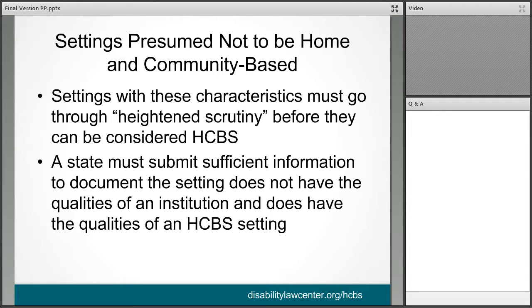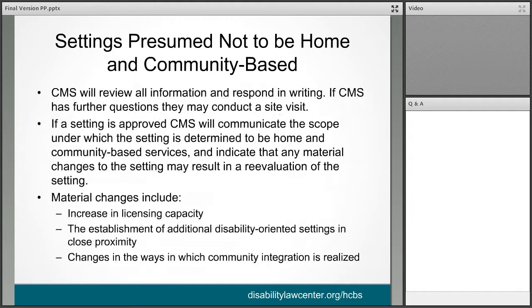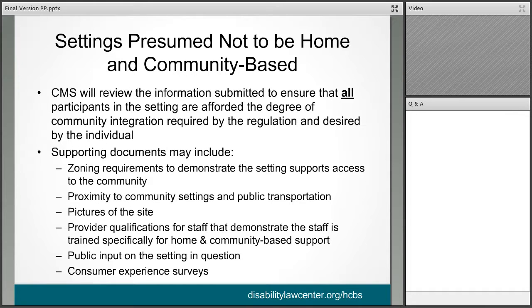Okay, and so if a setting is deemed not to be HCBS, either it's adjacent to an institution, it's located within an institution, or it hits these factors of settings that isolate, settings with these characteristics have to go through something called heightened scrutiny before they can be considered home and community-based services.